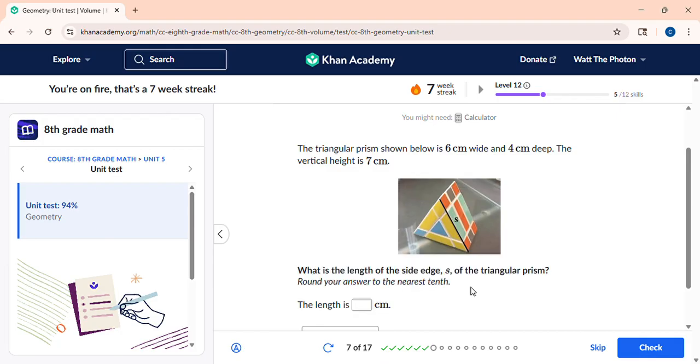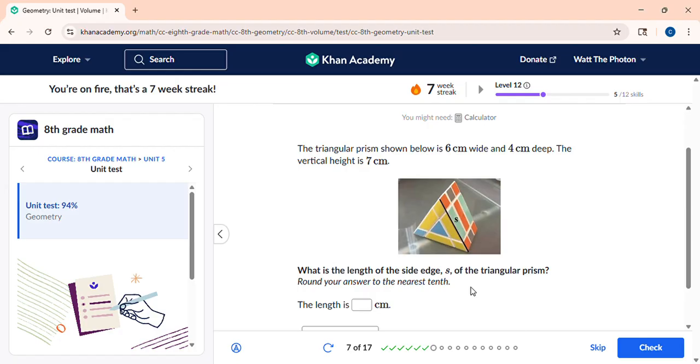Triangular prism. So we have a prism that's 6. So we have a triangular prism that is 6 centimeters wide and 4 centimeters deep.